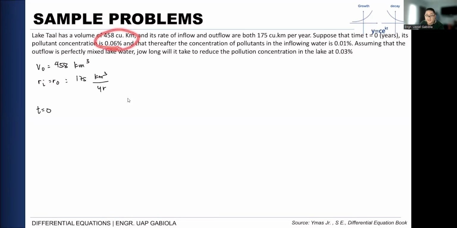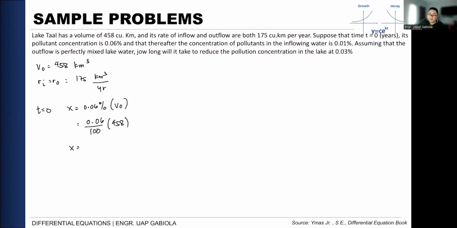Nung total volume natin. So ibig sabihin yung amount ng pollution at t is equals to 0 ay 0.06% times yung initial volume natin. So 0.06 over 100 kasi naka-percent siya times yung 458 natin. So ibig sabihin, initially, may ganito yung amount ng pollution natin.